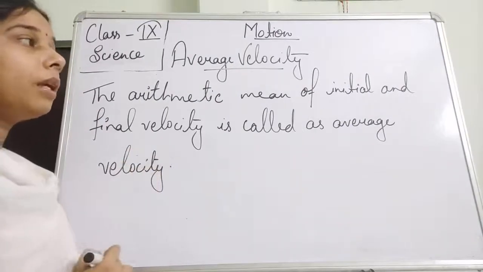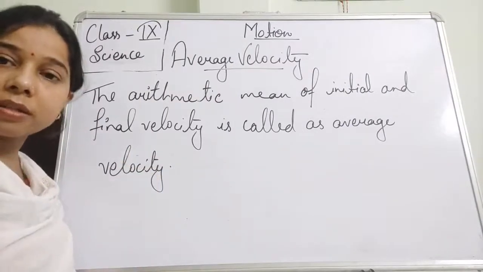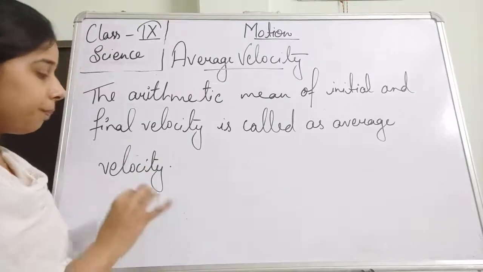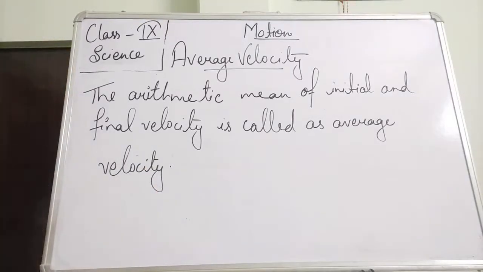The arithmetic mean of initial and final velocity is called the average velocity, students.